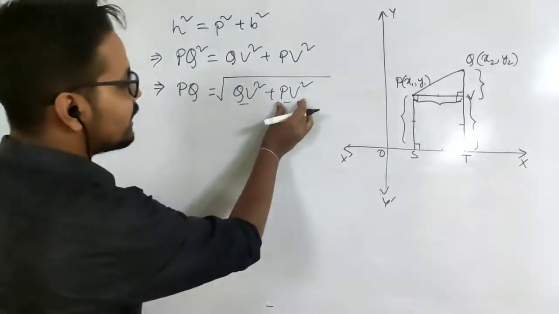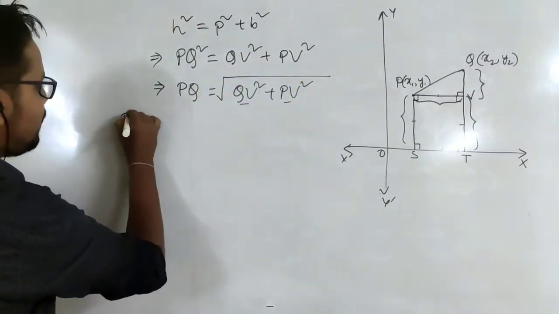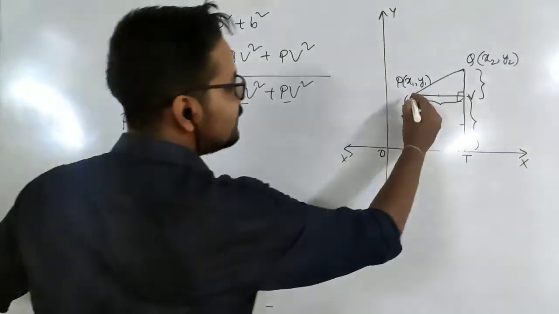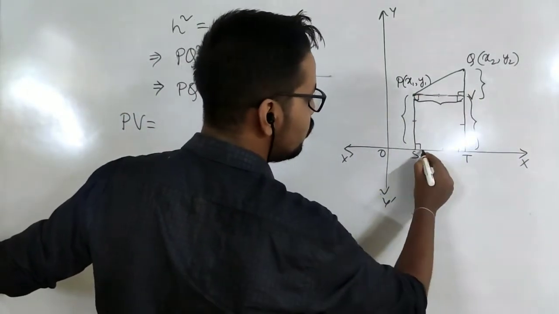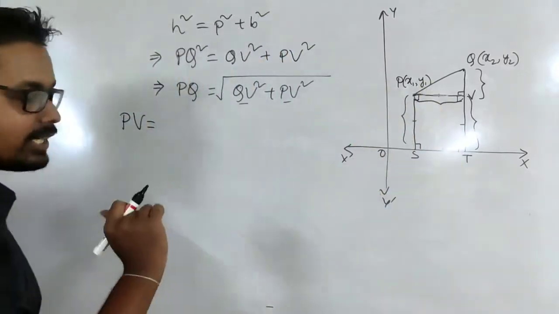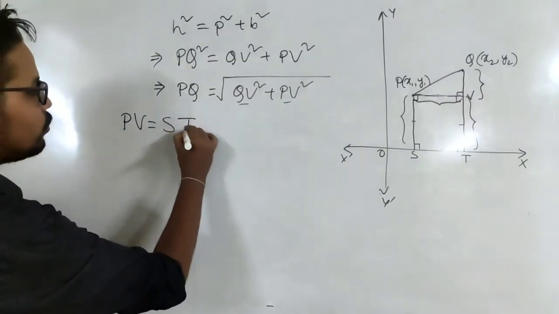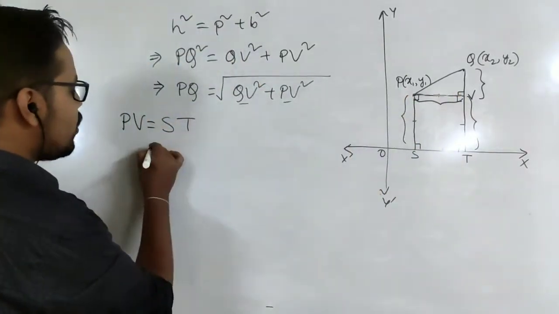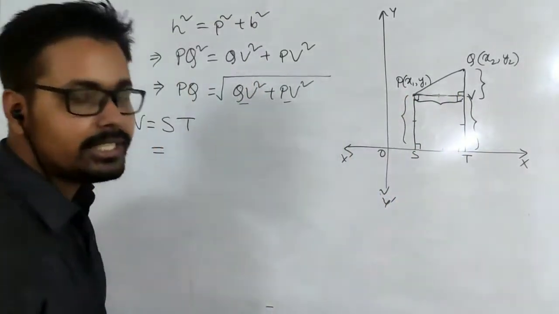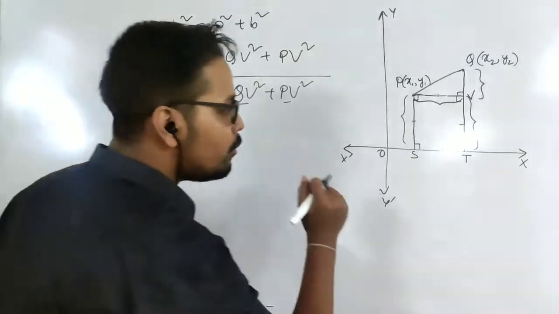Okay, so let's try to find out PV now. Since this is a rectangle, the distance PV will be equal to ST. Opposite sides are equal in a rectangle. So I can write PV equal to ST. Now I want to find out ST. Do I know ST? No, I don't know ST. How can we find ST?